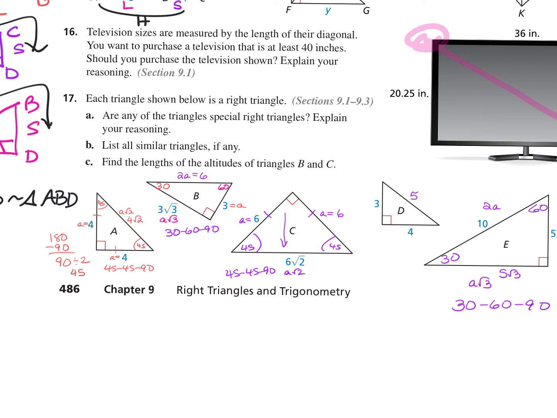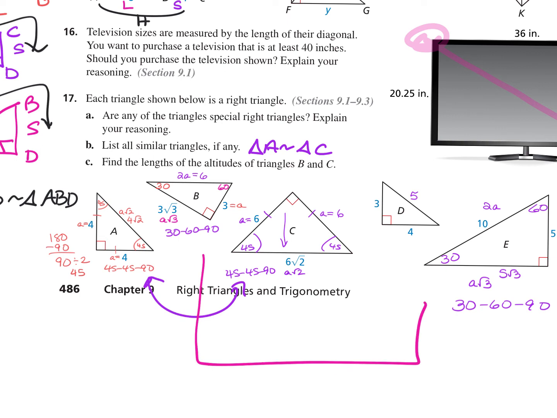So because triangle A and C are both 45, 45, 90s, and they both have 2 congruent angle pairs, they actually have all 3, I will say that triangle A is similar to triangle C, and then also the 2 30, 60, 90s. So B and E are also similar triangles because by AA, they have congruent angle pairs.